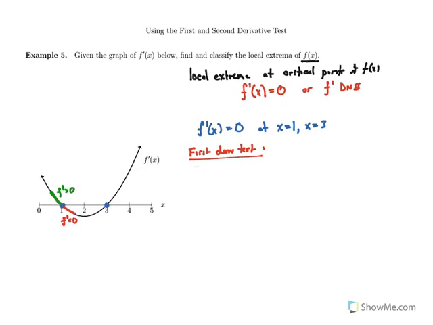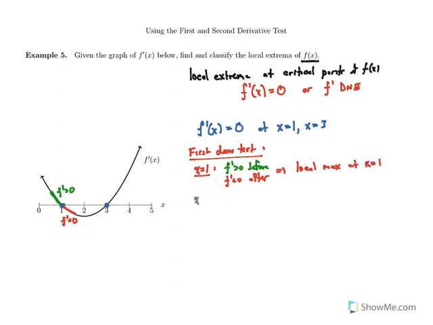So at x equals 1, f prime is positive before and negative after. And that means that we have a local maximum at x equals 1.